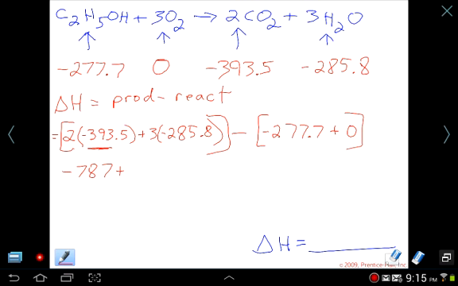And this gives us negative 857.4. So we'll have to combine these values and subtract. Since we're subtracting a negative, that's the same thing as adding a positive. So adding 277.7.